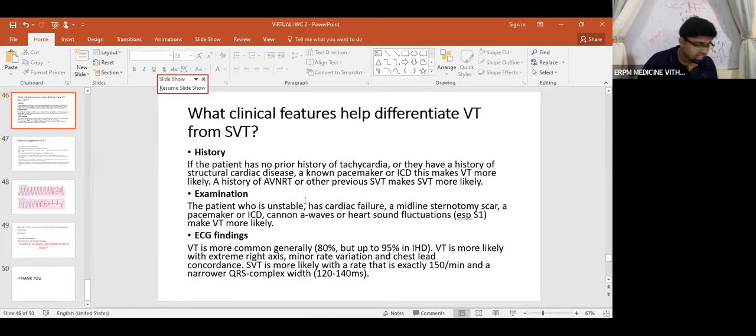Clinically, guys, what clinical features differentiate VT from SVT?